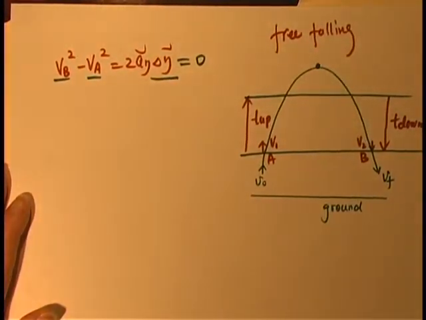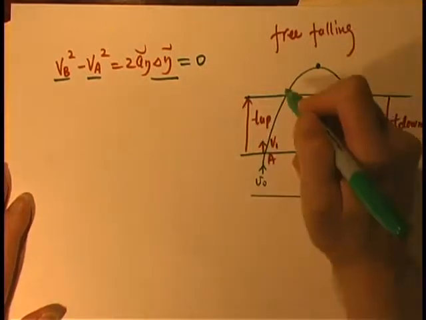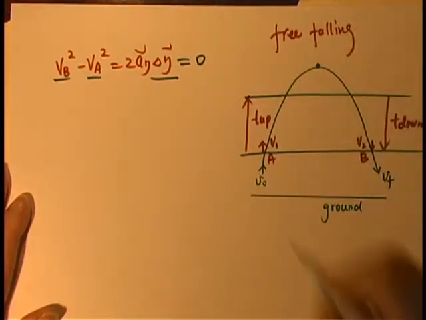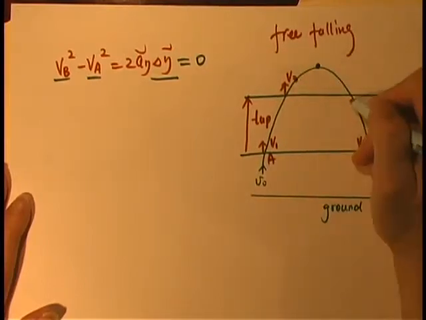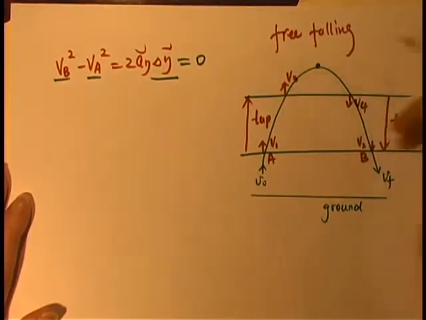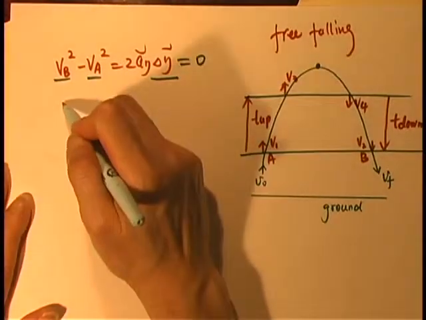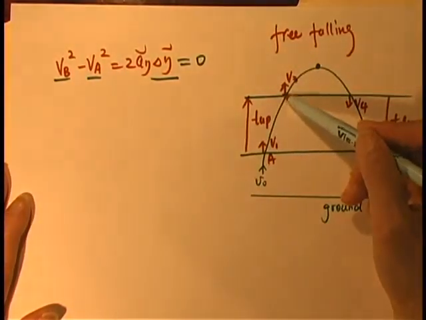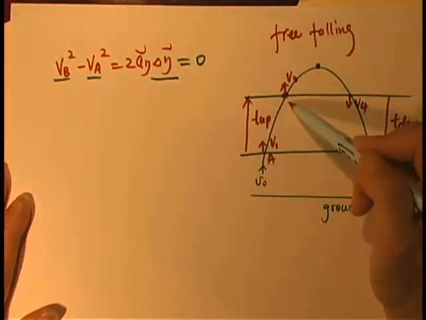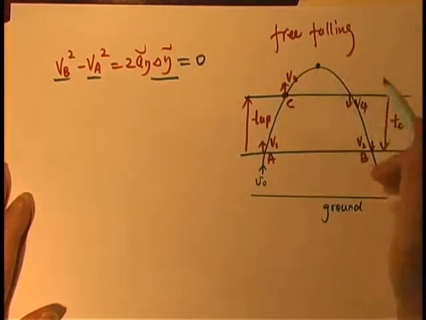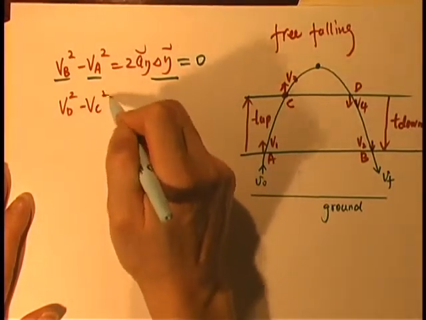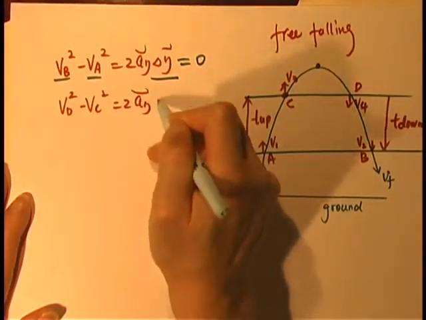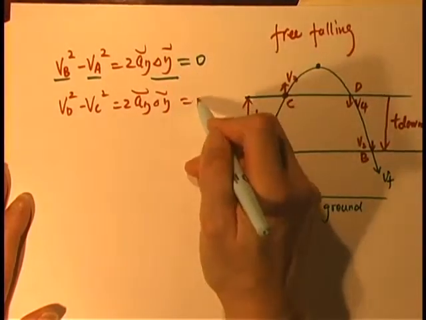Talking about magnitude, we can prove here, if we want, this will be V3, that will be V4. So we can do the same thing. From here, let's call that A, this B, this C, and that D. We say D is final. VD squared minus VC squared equals 2AY delta Y. That equals 0.